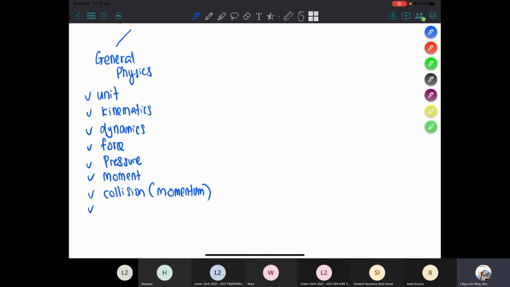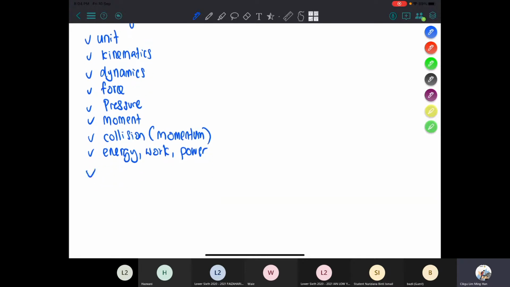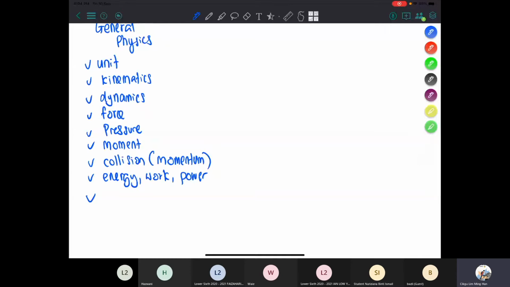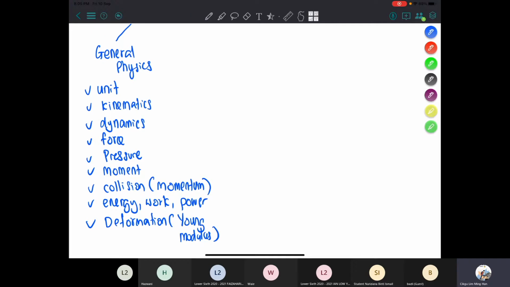Then we also have energy, work and power, and deformation, which is about the Young modulus. This is what is covered in general physics.